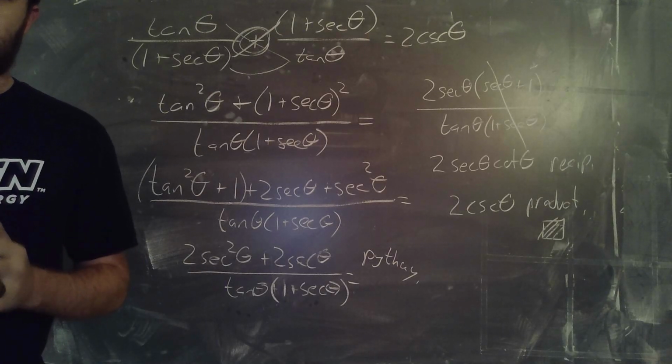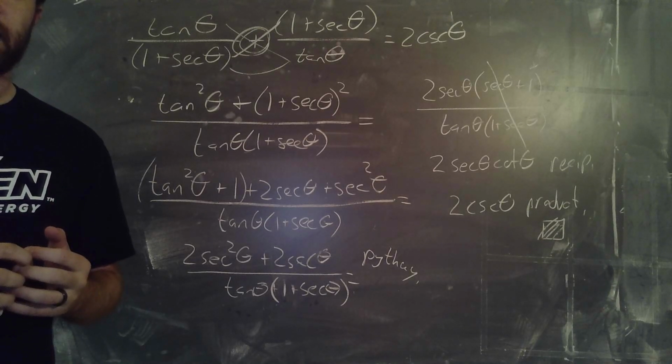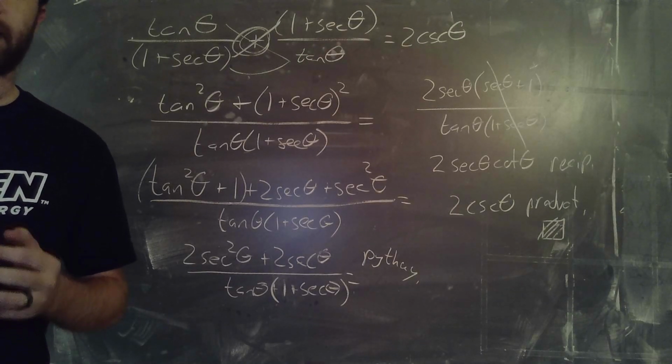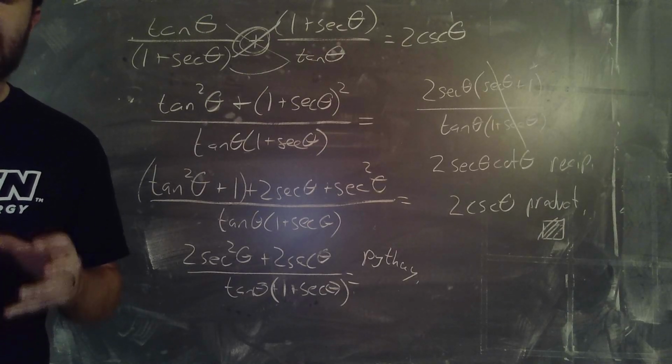What we are doing here is verifying that one side of an expression is identically equal to the other side of an expression. So to do that, you're being handicapped.